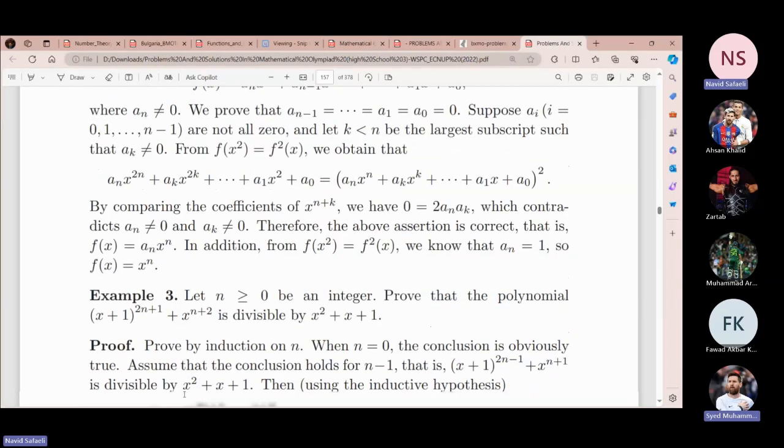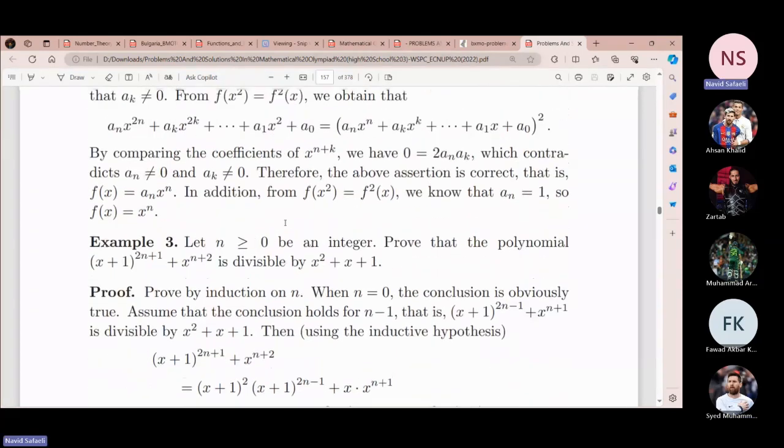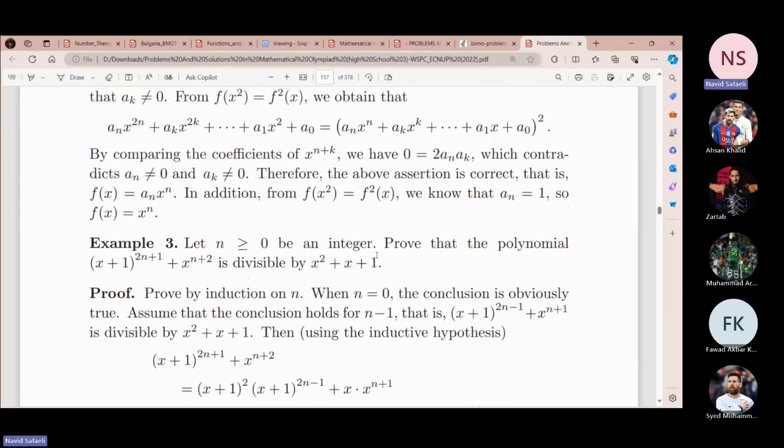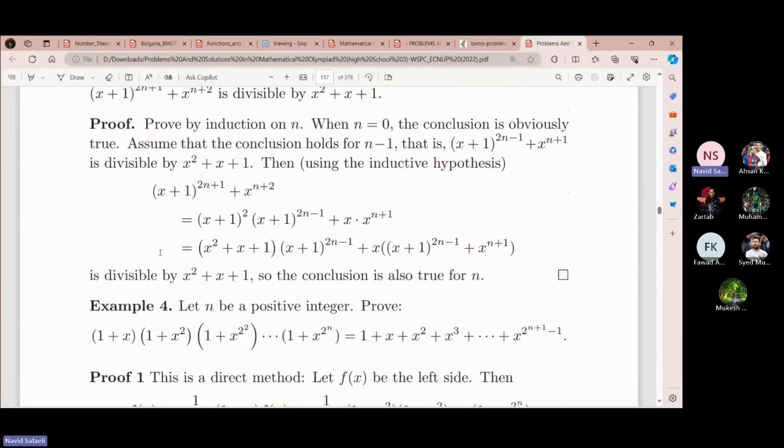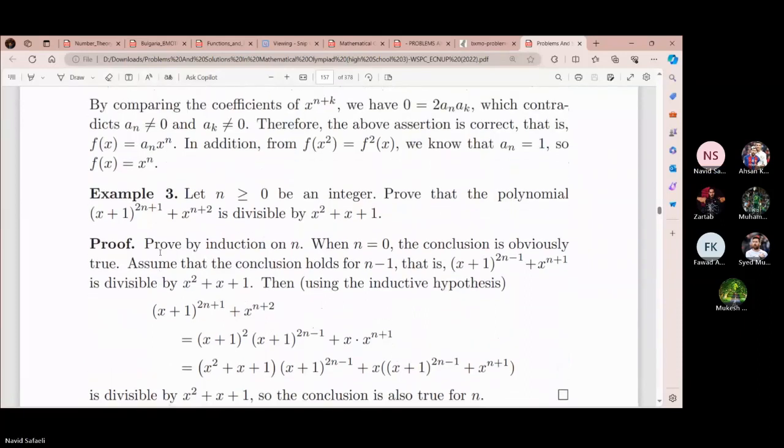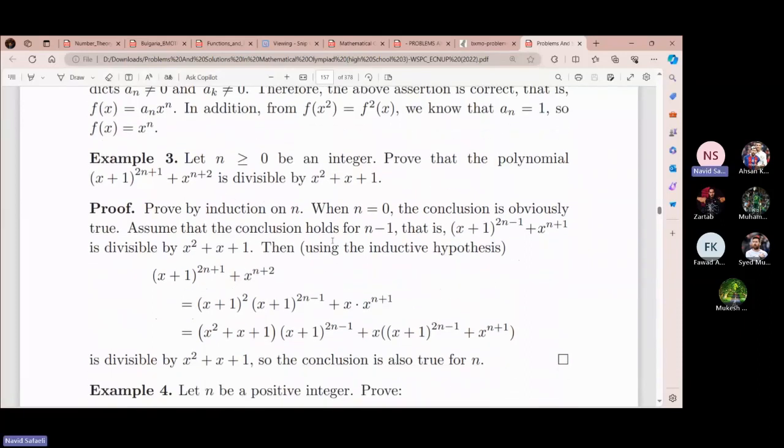Indeed, we should say that this divides this, right? There are two approaches for that. First is what you can see here, induction. Indeed, the base would be clear.